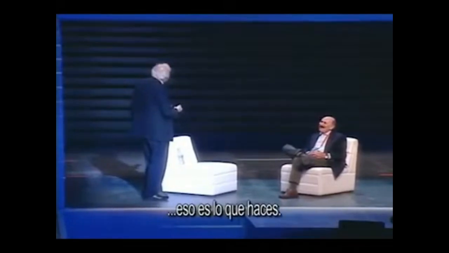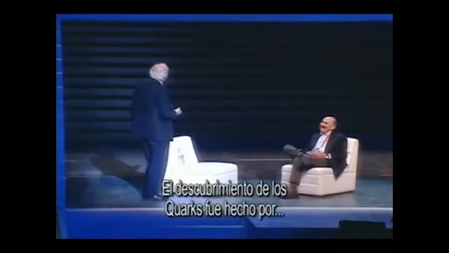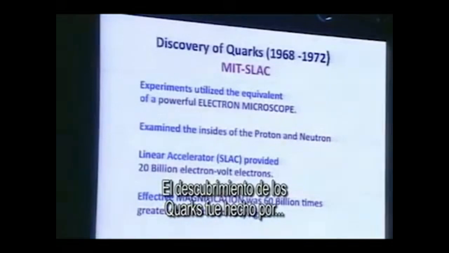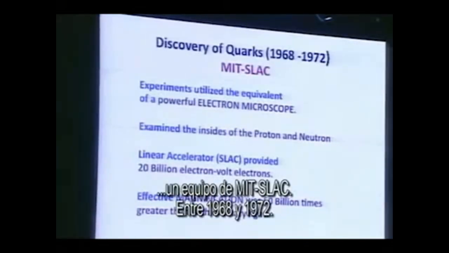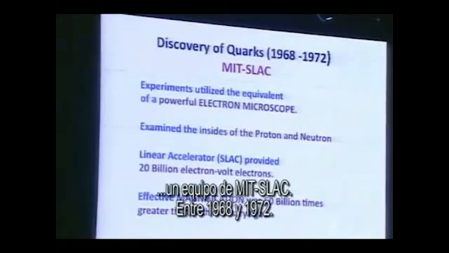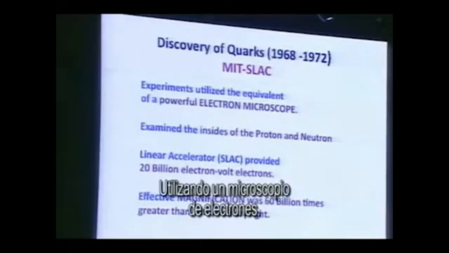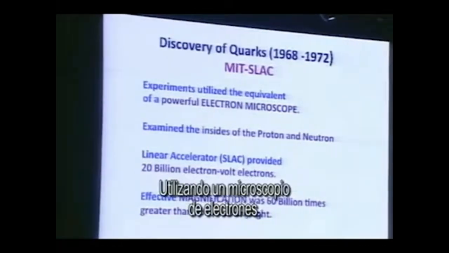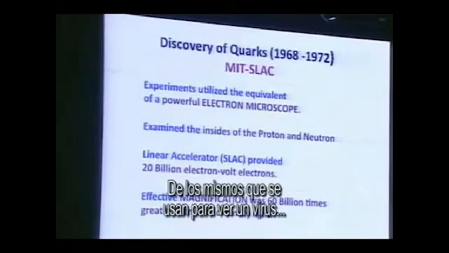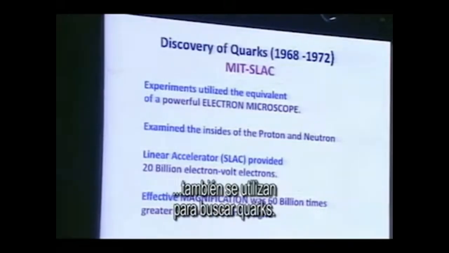And so the discovery of quarks was done by an MIT Stanford Linear Accelerator group between 1968 and 72. They used a very, very powerful electron microscope. You use electron microscopes to look for viruses. You can use electron microscopes to look for quarks.